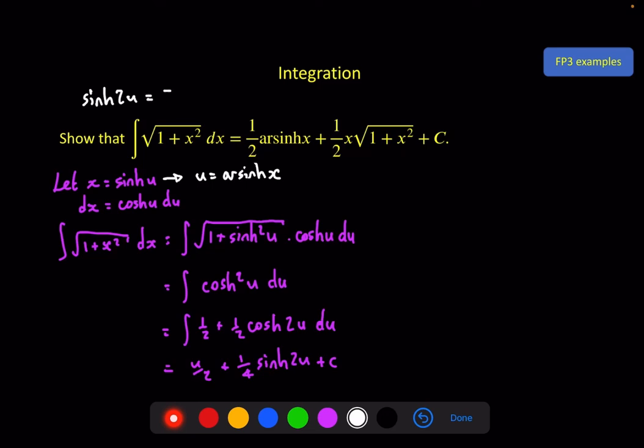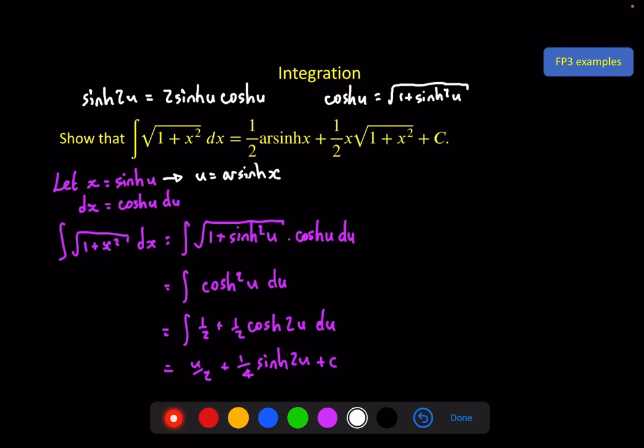And sinh 2u is equal to 2 sinh u cosh u, which still doesn't look like this, but in order to relate this back to the thing that we know is x, this one's okay, this is x. Cosh u, we can then also use the fact that cosh u is equal to the square root of 1 plus sinh squared u.